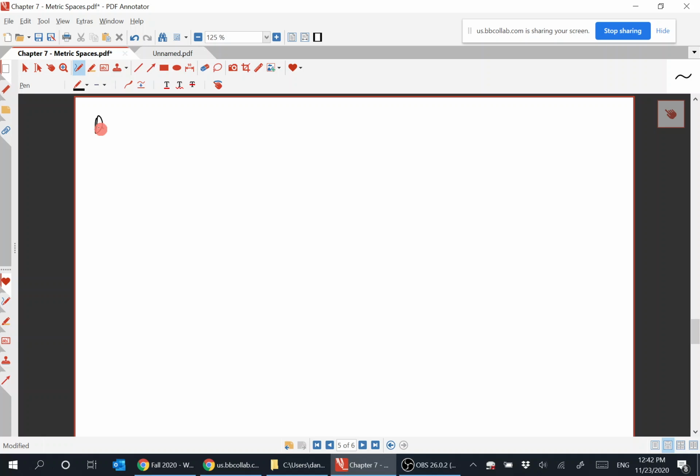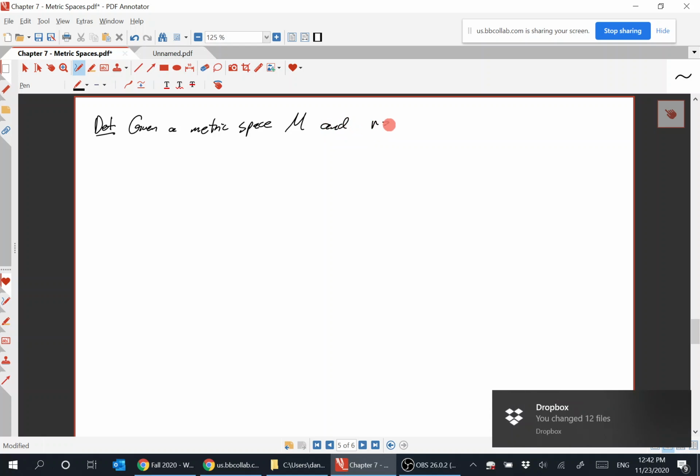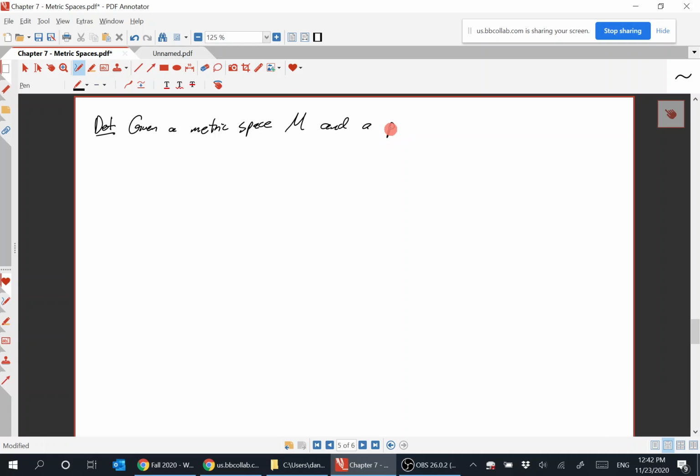Definition. In a metric space M, and R bigger than 0, a positive real number R, define the open ball.